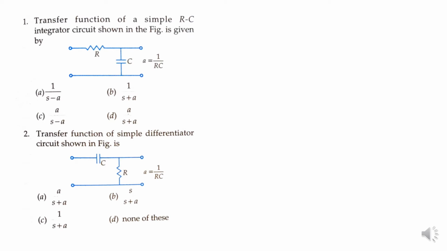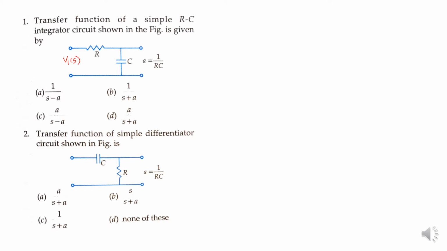Question number 1. Transfer function of a simple RC integrator circuit shown in figure, R and C are given. This is the simple RC network. I am going to find out the transfer function.